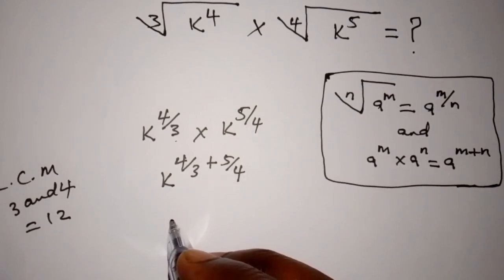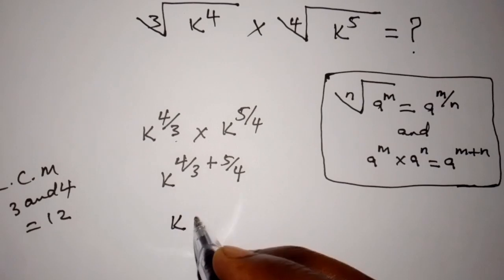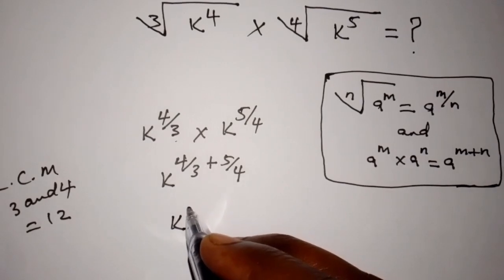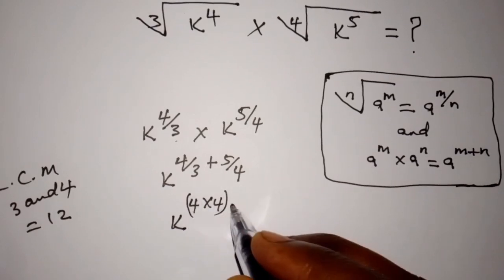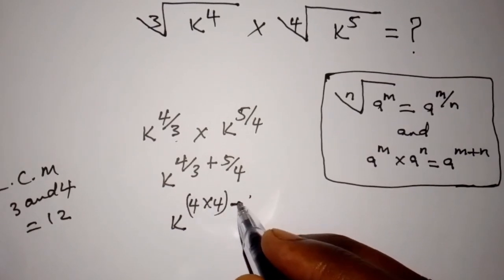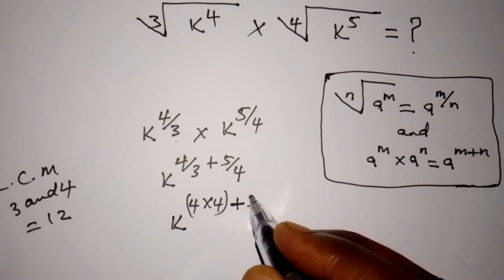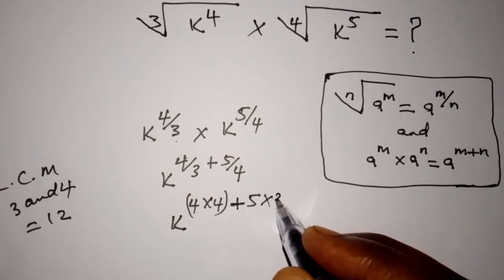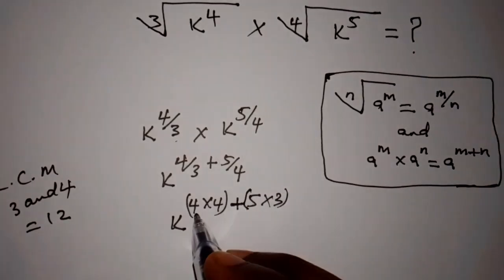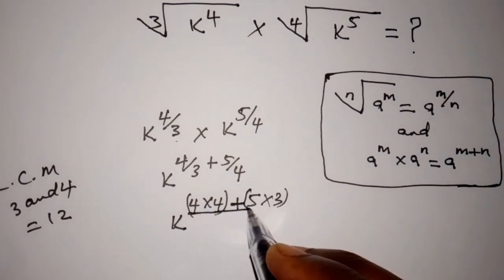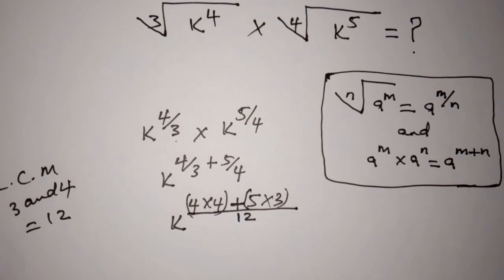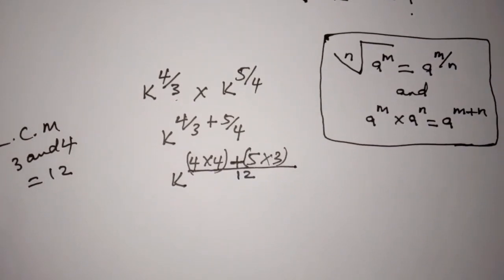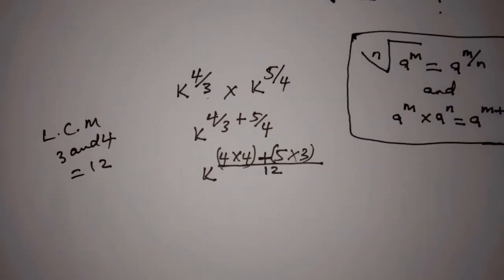So we can say that this is k power (4 times 4 plus 5 times 3) over 12.